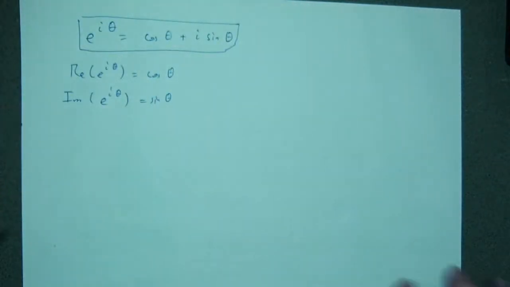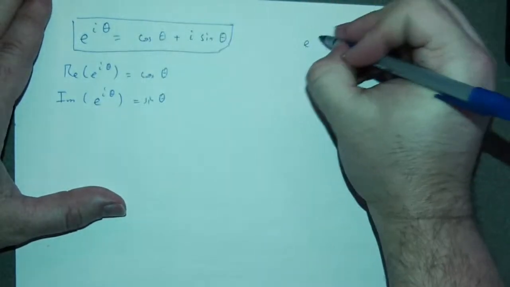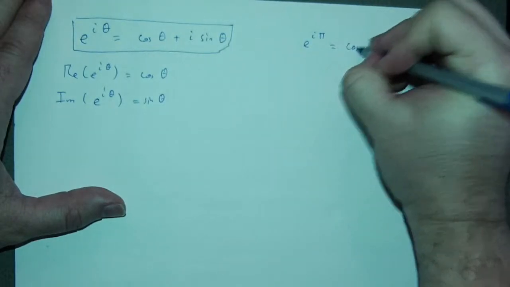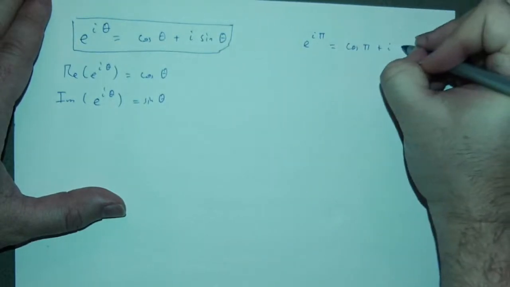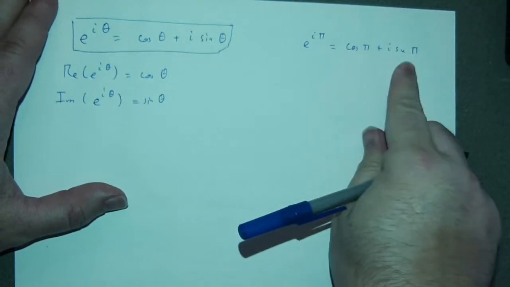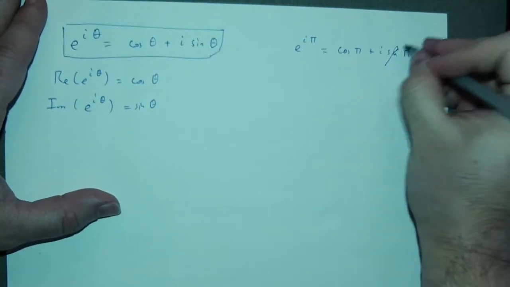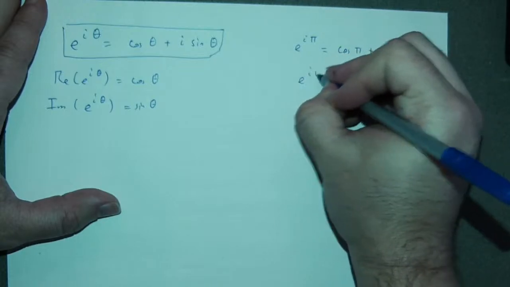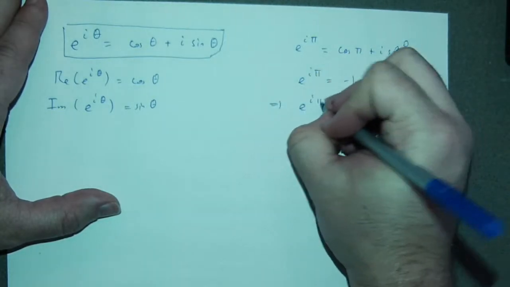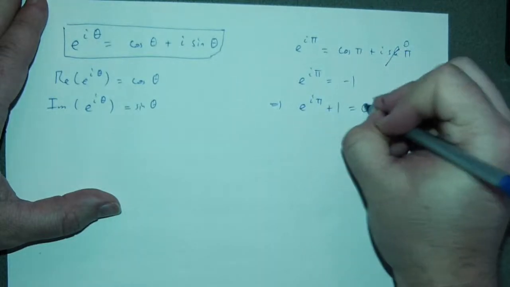You may have seen a result of this, okay? If I plug in pi, e to the i pi is cosine of pi plus i sine of pi. Well, cosine of pi is minus 1 and sine of pi is 0. So this gives me e to the i pi is equal to minus 1, or e to the i pi plus 1 is equal to 0.